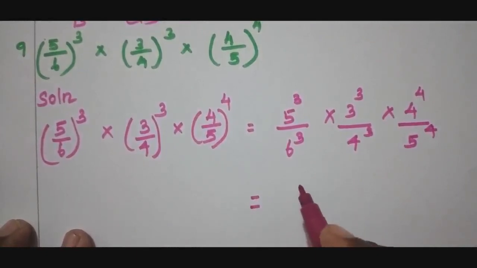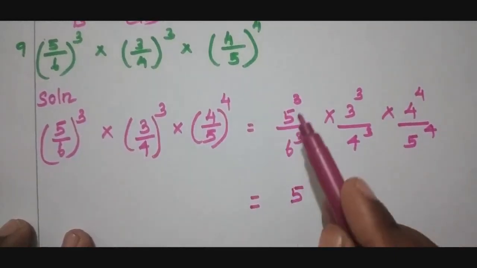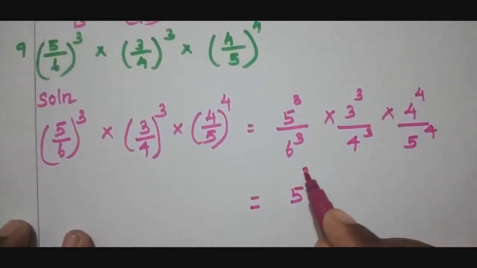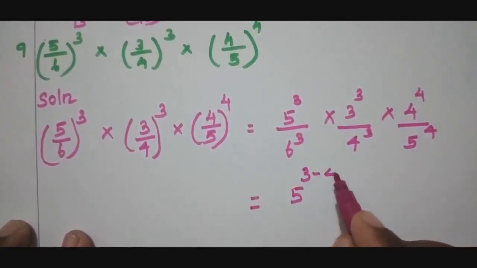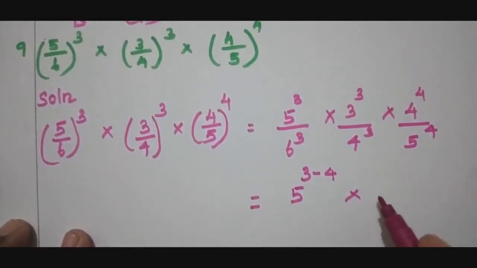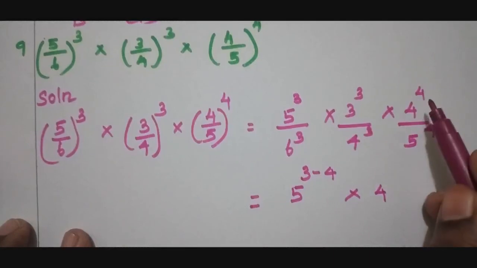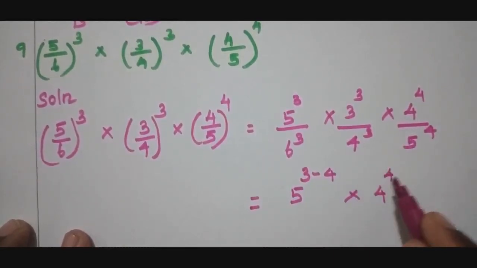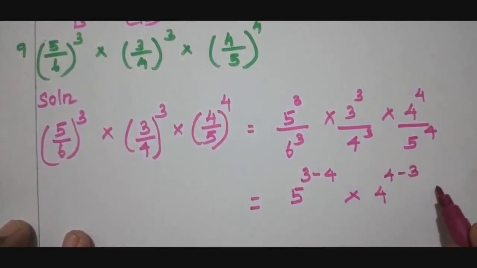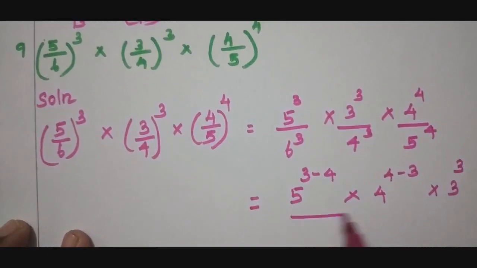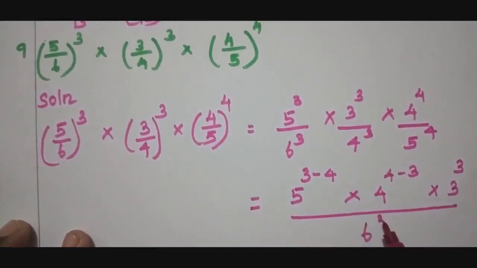Is equal to 5 power here it is 3, here 5 power 4. So these two are in division, so you write it as 3 minus 4 into 4 power, here it is 4 and it is 3, 4 minus 3, 3 power 3 divided by 6 power 3.